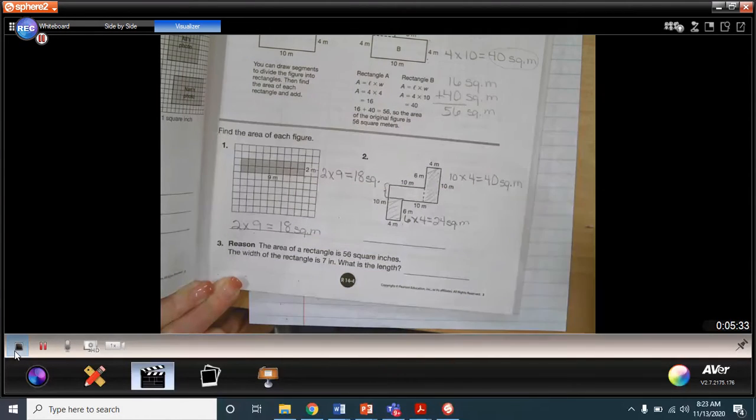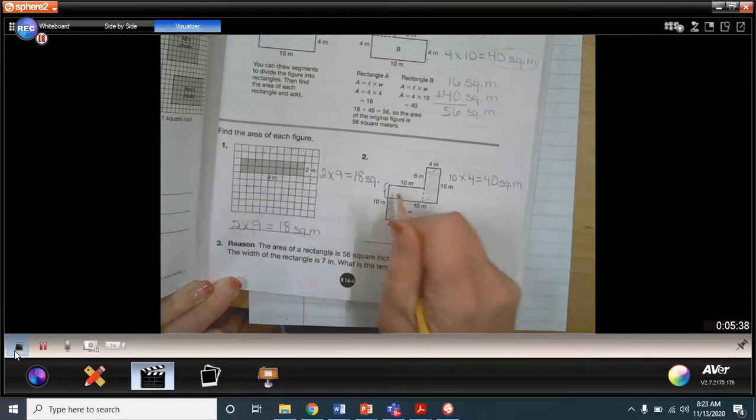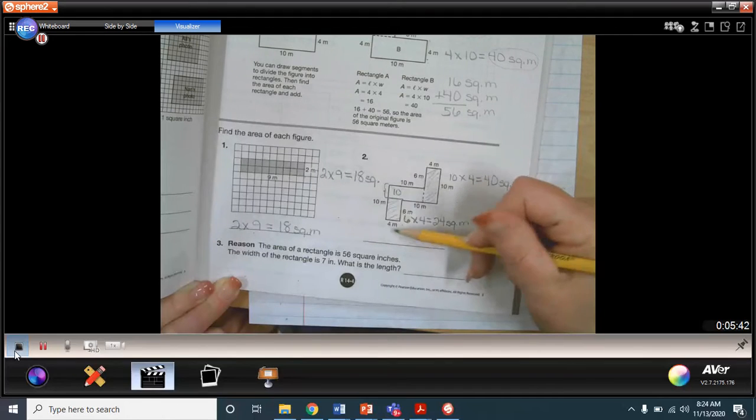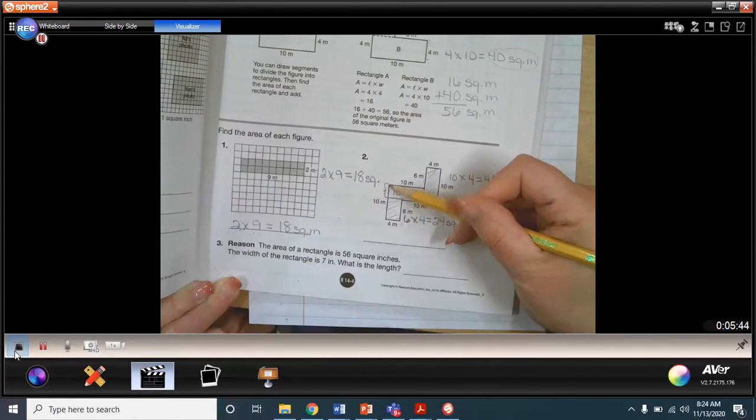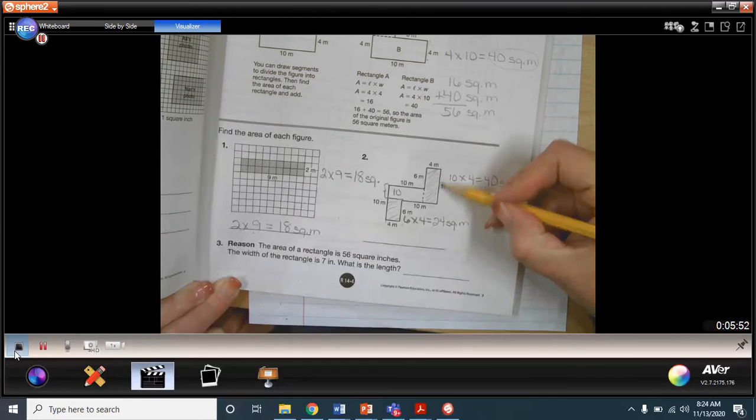The way that I would figure it out would be if I have 10 as my length, this is going to be 10 here. Does everybody see that? That whole line right here is 10. But if you notice, right here is another 10.